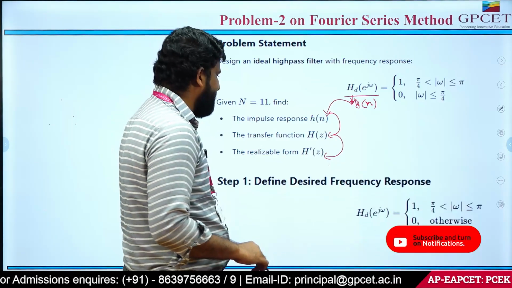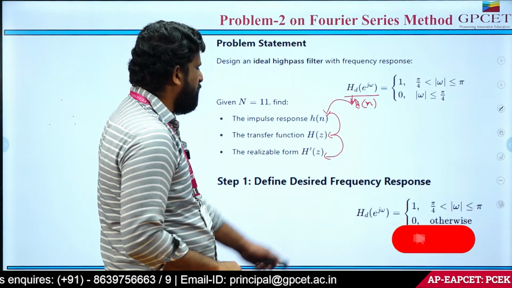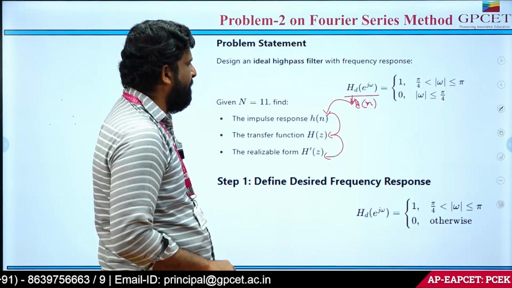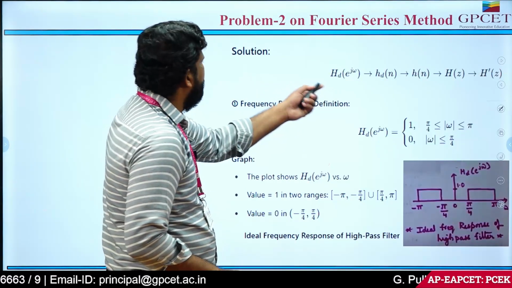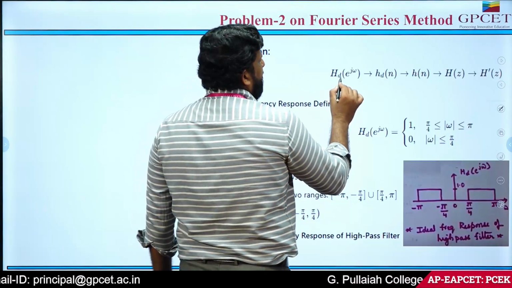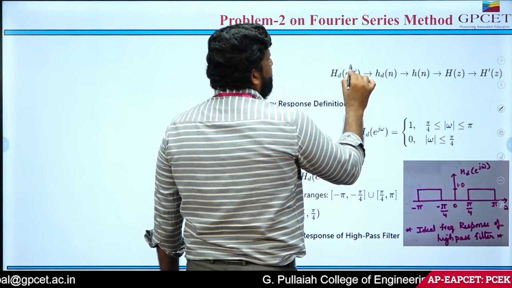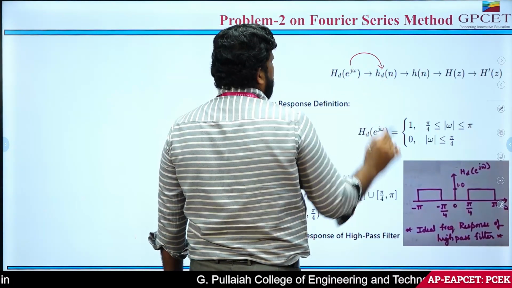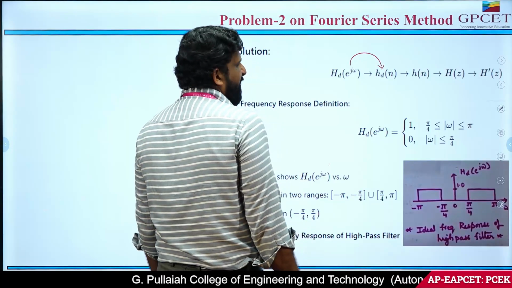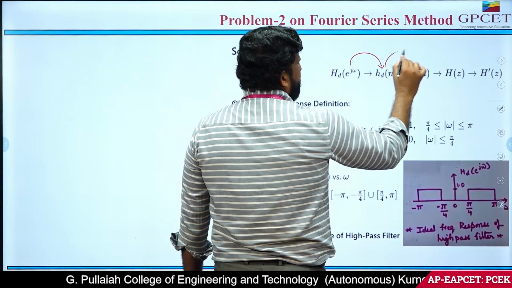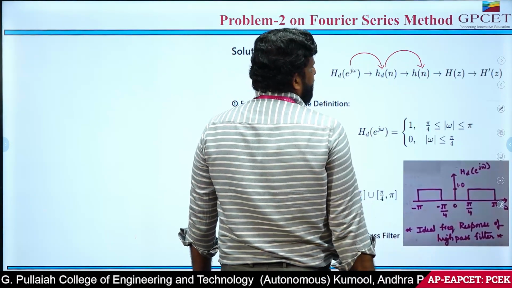Let's see what happens here. Given the desired frequency response hd of e power j omega is equal to 1. So this is the pipeline. Already they have given hd of e power j omega. From this we are going to find out the impulse response hd of n. From this desired impulse response we get the truncated impulse response.